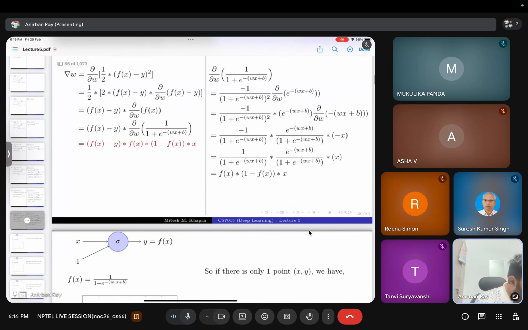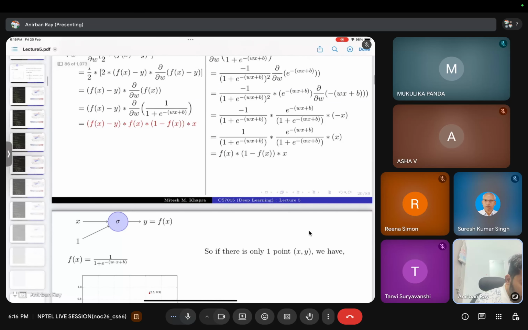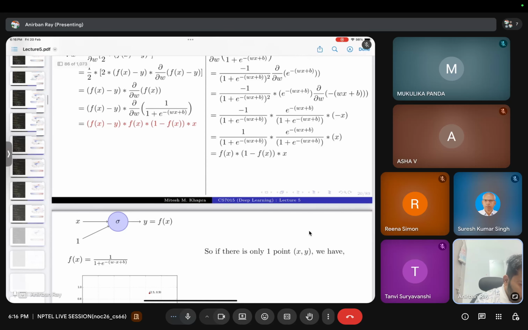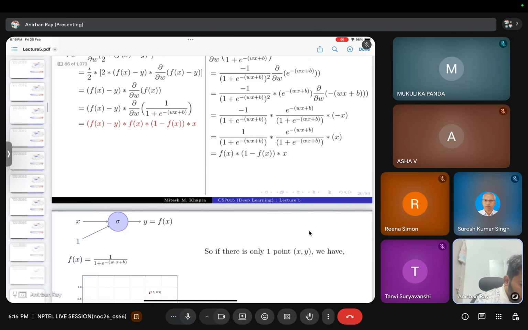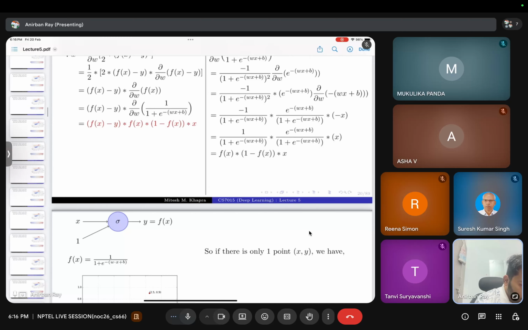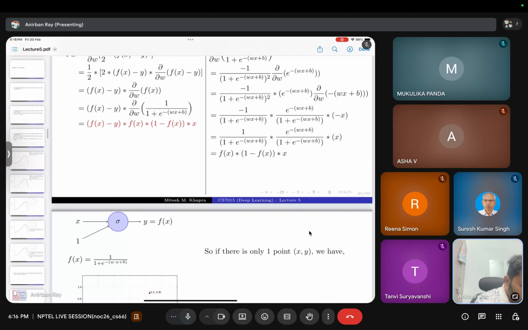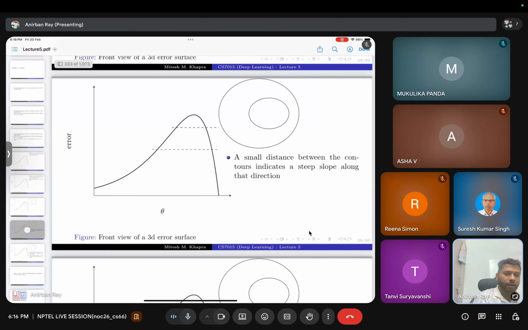These are all the backpropagation questions. Okay, we get to our lecture.